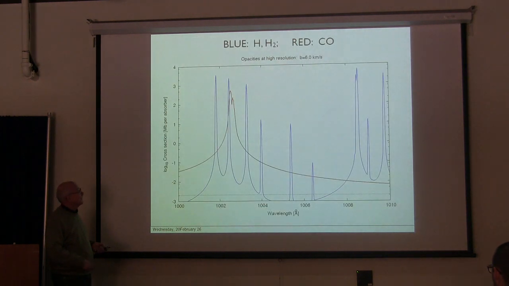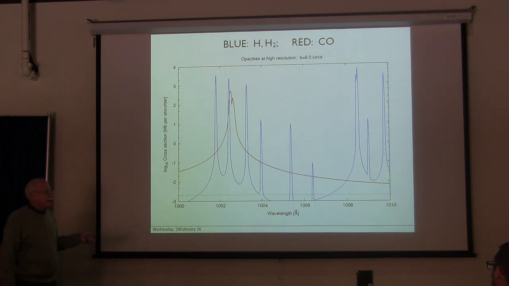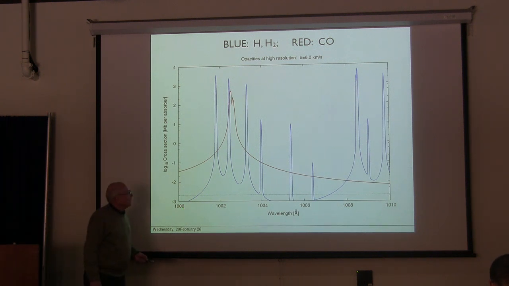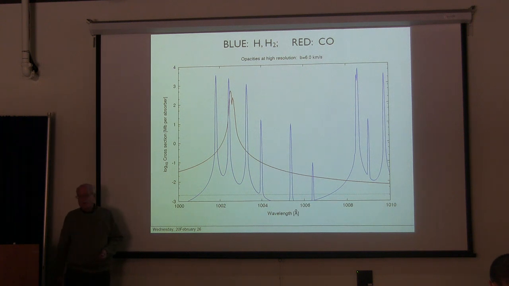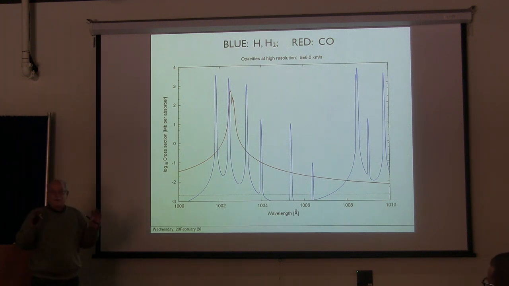Okay, so as I said, this is what an interstellar cloud of hydrogen looks like to a starlight UV photon. In more detail, it looks like this. And in the red curve, I've added the absorption coefficient at about the same wavelength region here, 1,000 angstroms. In red, I've added one of the ultraviolet bands of carbon monoxide. Now, these are important to understand, even if you never worry about ultraviolet observations in astronomy.